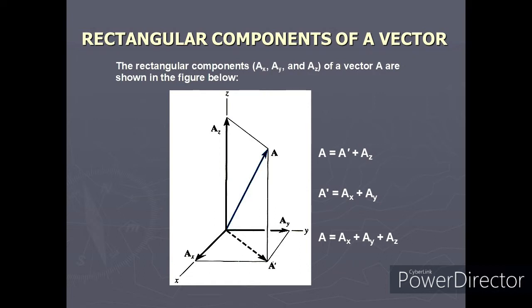Fx plus Fy. The breakdown of this: the horizontal component is the scalar Fx and i, isn't it? And then for the y component, we have Fy and j. This Fy, depending on what is used to determine the direction of the vector, can be given by F sine theta, right?